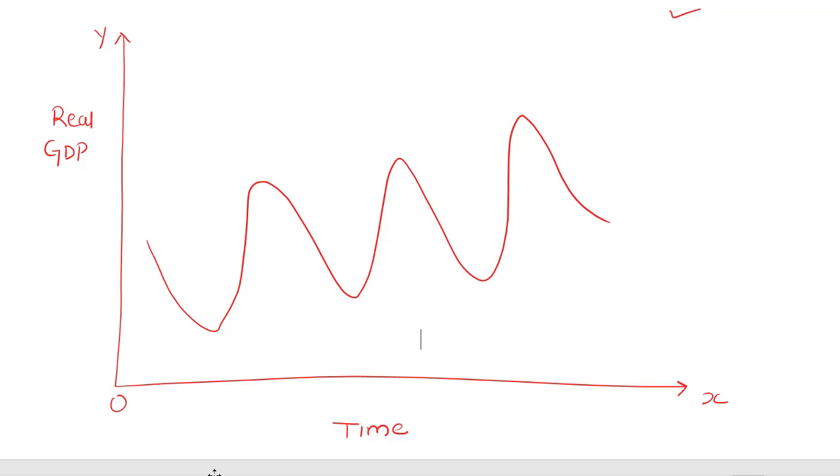Over here we can say that this part is expansion. This top is known as peak. Its coming down is contraction. This lowest part is trough.